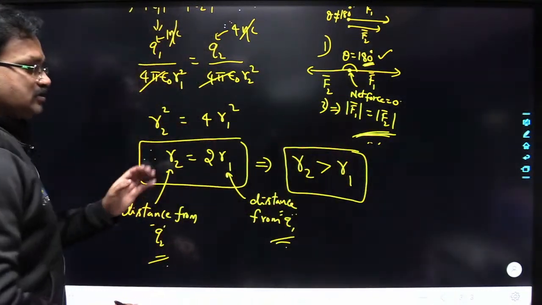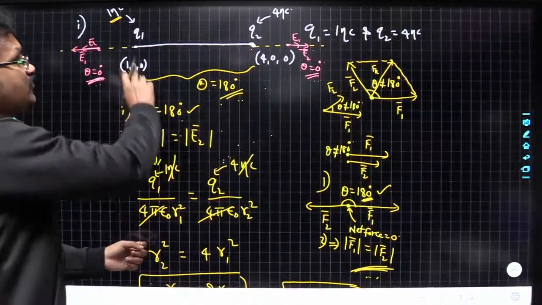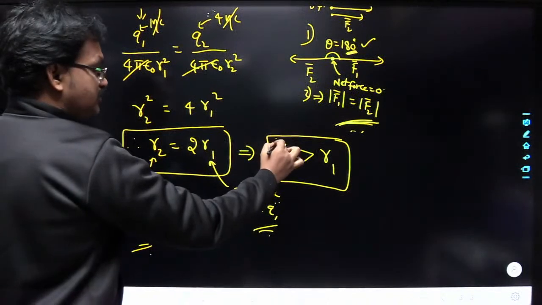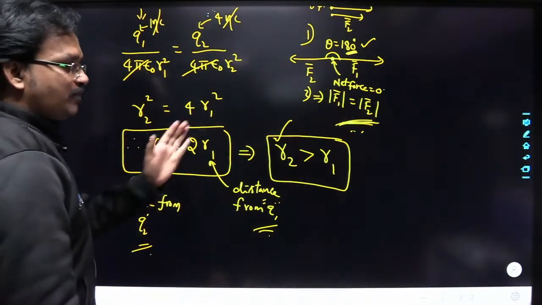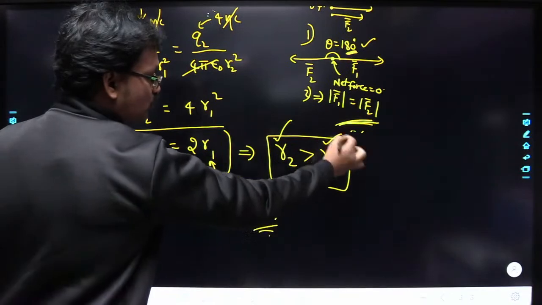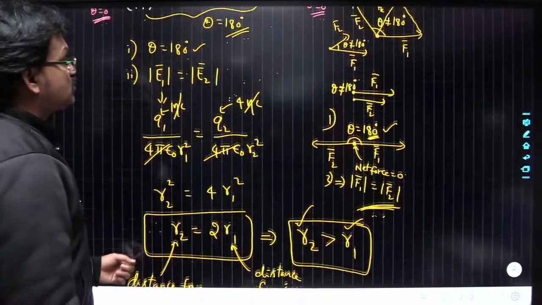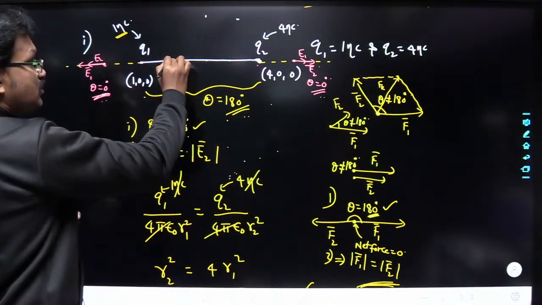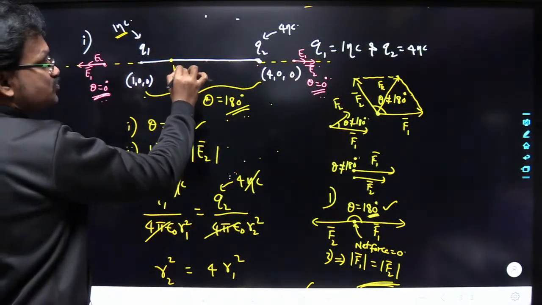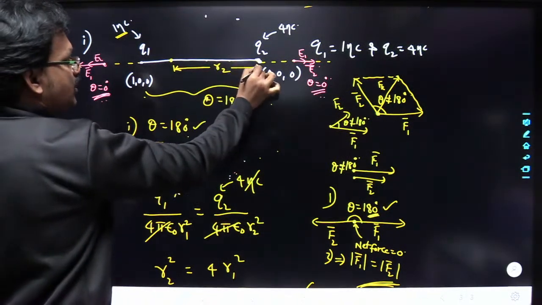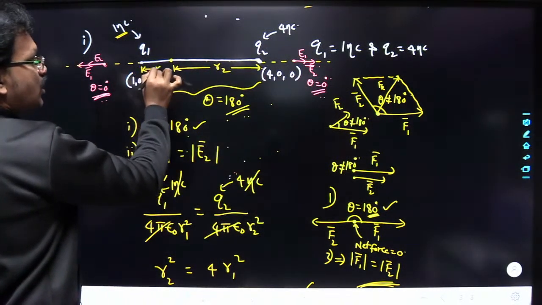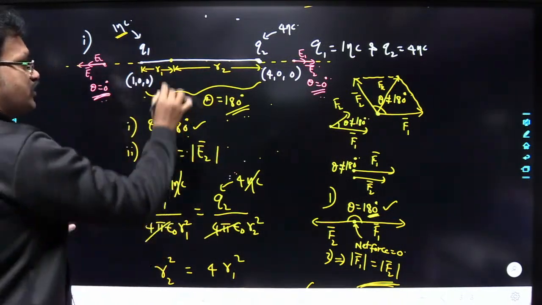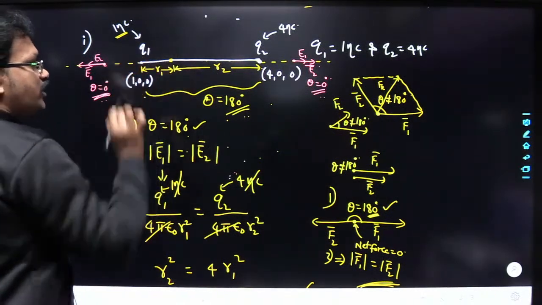So the point must be present between these two charges along this line, and the distance from Q2 must be greater than the distance from Q1. So that point must be somewhere here. The distance from Q2 to this point is R2, and the distance from Q1 to this point is R1. This R2 must be greater than R1. That condition must be satisfied, so somewhere here the point must be present.